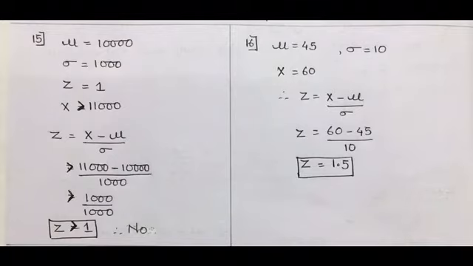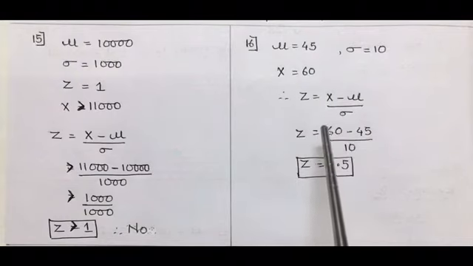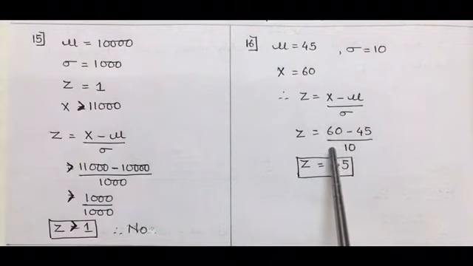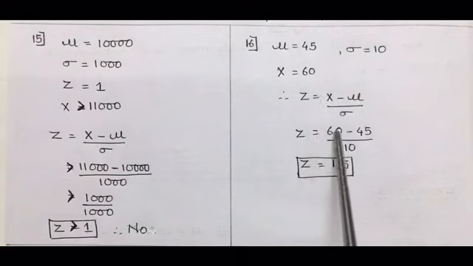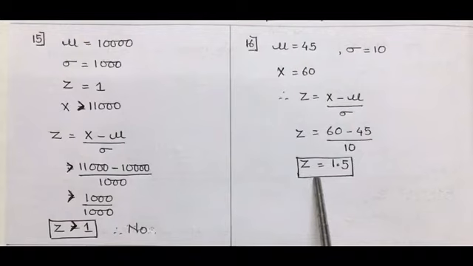Now we have to calculate the value of Z when X is given to be 60. So the formula of Z is X minus mu upon sigma. So keeping the value of X as 60 minus 45 divided by 10 and solving this, we get the value of Z as 1.5. So this is how the Z score is calculated.